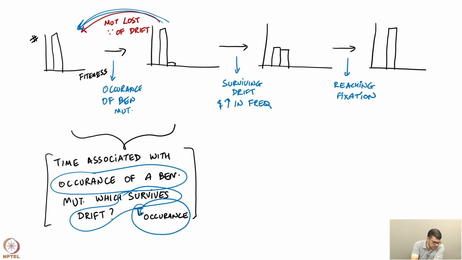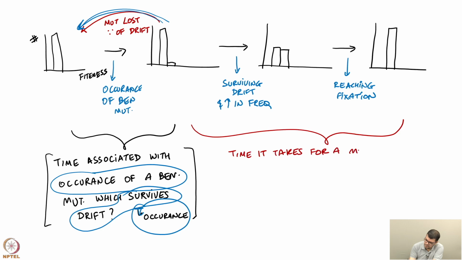The second time constant associated with this process is what happens thereafter, which is the time it takes for a mutation, not just any mutation, but a mutation which has survived drift, to reach fixation.